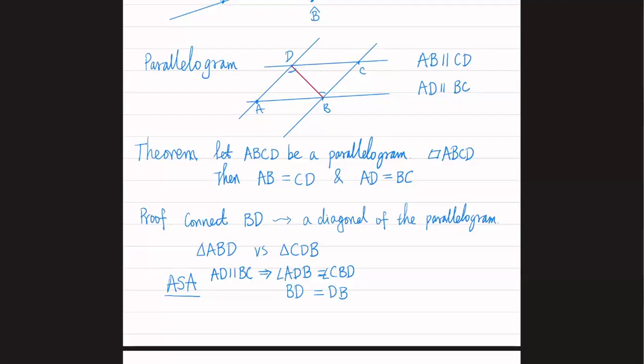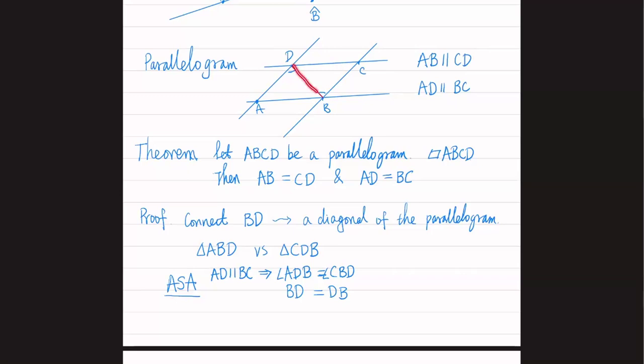Jessica, what do you think? We want to apply the angle side angle.